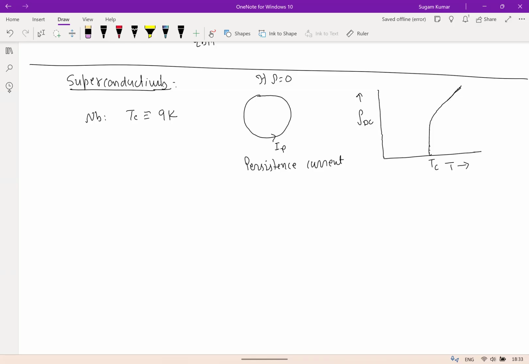This is what you see now in MRI magnets. They charge this coil once, and then it keeps working for years. They never charge it again. Practically they do recharge, but for different reasons, not because the resistance is non-zero.